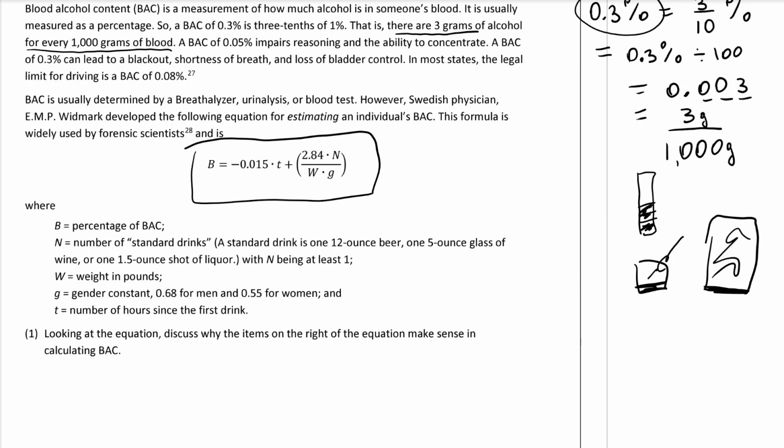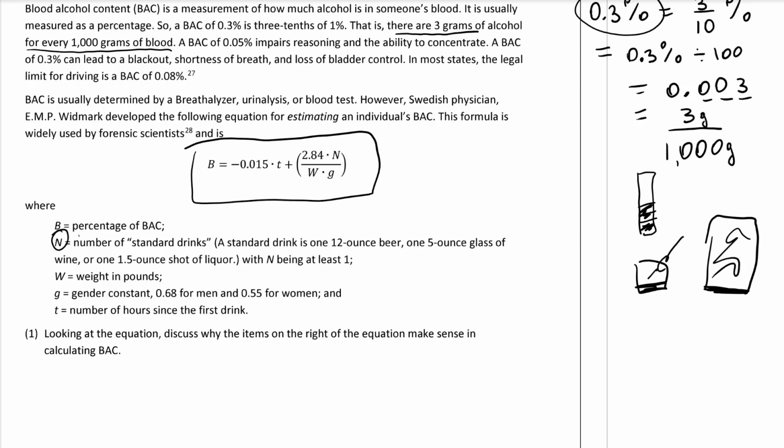So that's why it feels like it has more alcohol. It's not. It just takes longer to drink a beer. So in this formula, for N, we're not substituting the amount of liquid we're drinking. We are substituting the number of standard drinks one has, whether it's beer, wine, or shots of liquor. It's all going to be expressed as an integer.